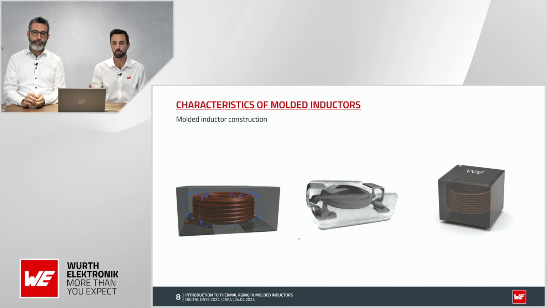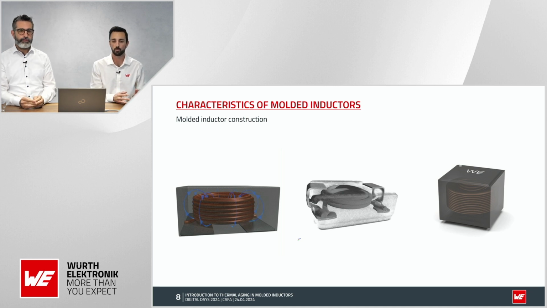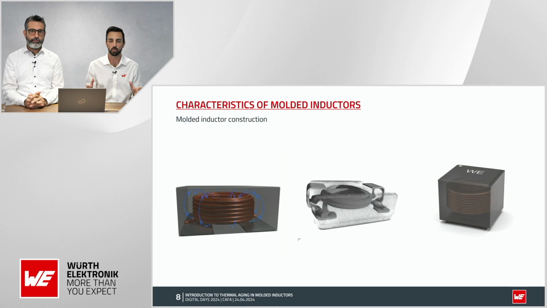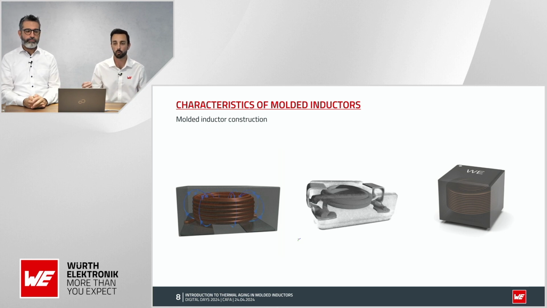Why? Because it doesn't change with the temperature. If we want to make things smaller and with a high power application, they will work at high temperature. What is suitable at 20 degrees might not be at 150. Also, we are taking advantage of all the available space to allocate core material inside, so it will be better for inductance and for saturation.